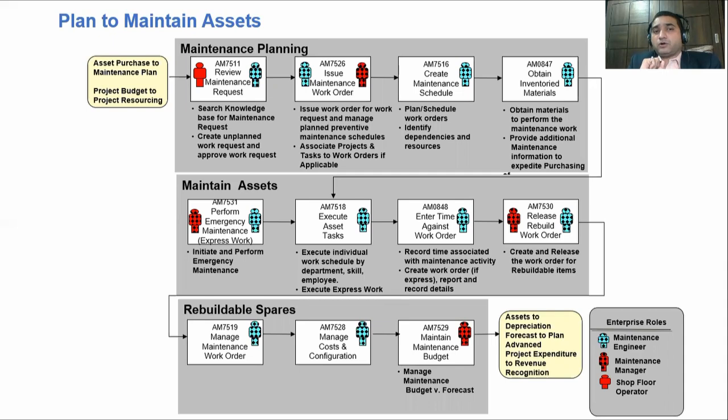If it is not, then they may raise a maintenance request, and that again comes for approval to the maintenance supervisor or the maintenance manager, and he will approve that. Once that request is approved, the maintenance work order will be created.